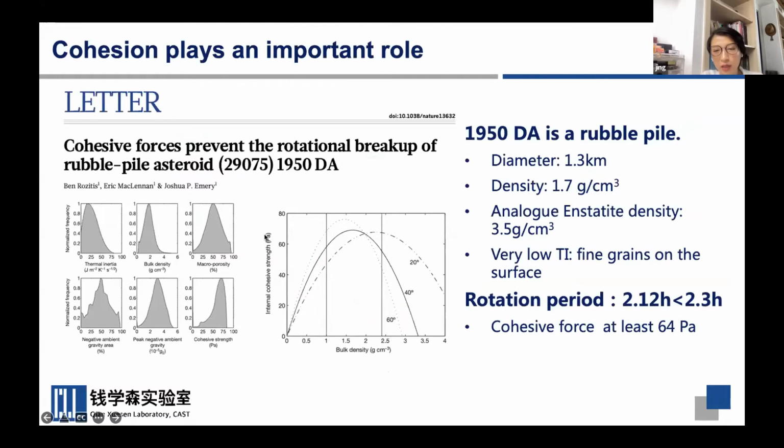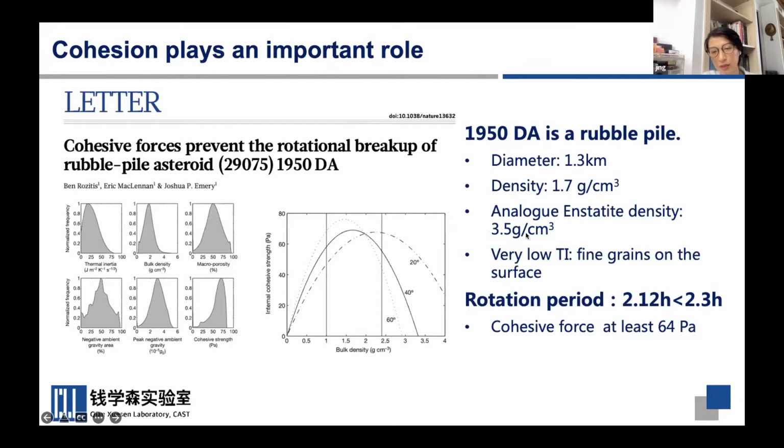If we take an example of a very interesting outlier, one asteroid is called 1950 DA. It is a rubble pile because its diameter is 1.3 kilometers, but its density is so low, especially compared with its analog meteorite, the enstatite chondrite, whose density is 3.5.